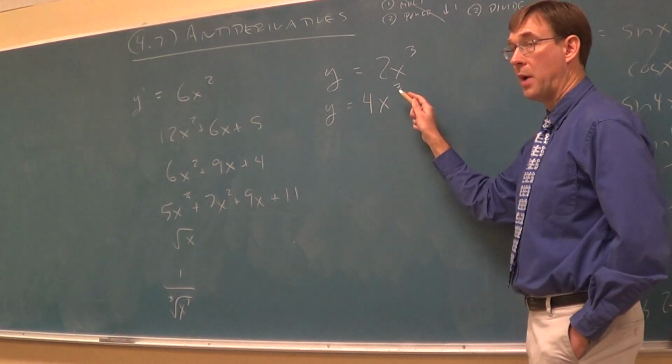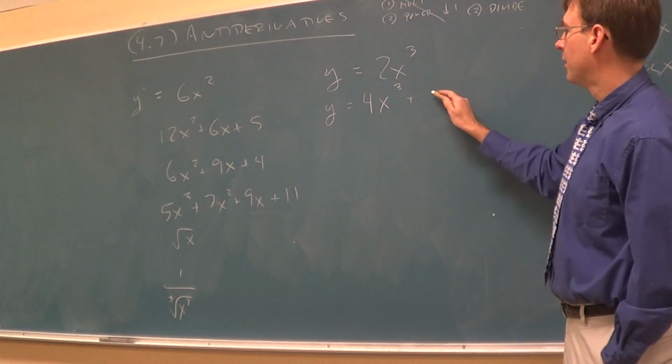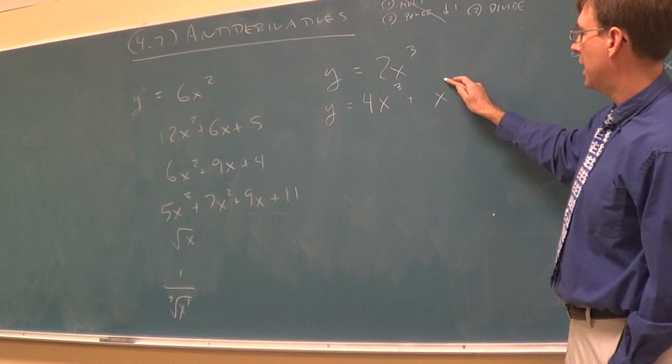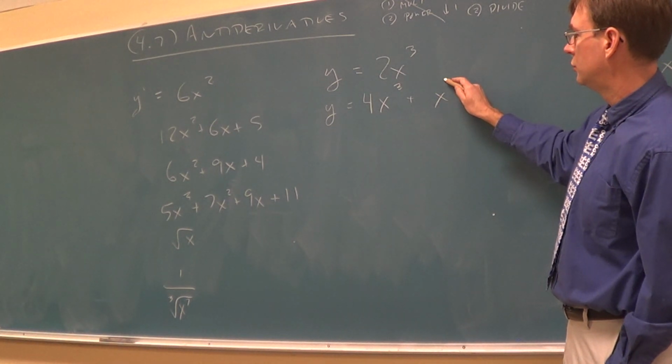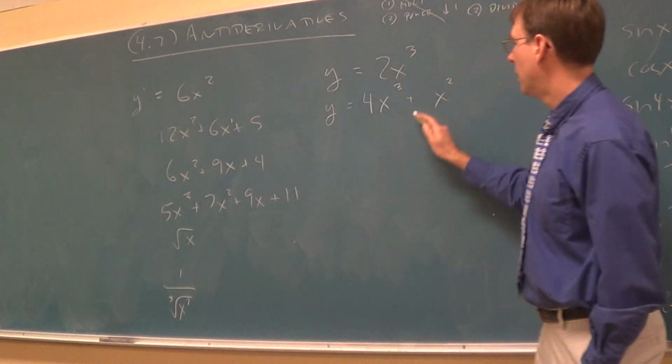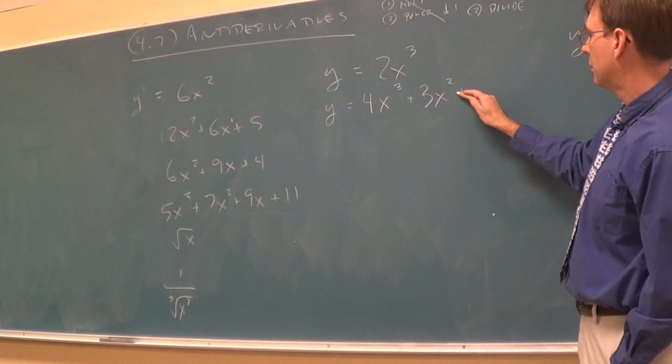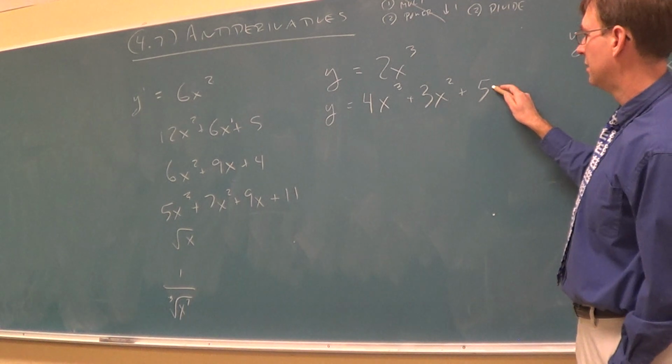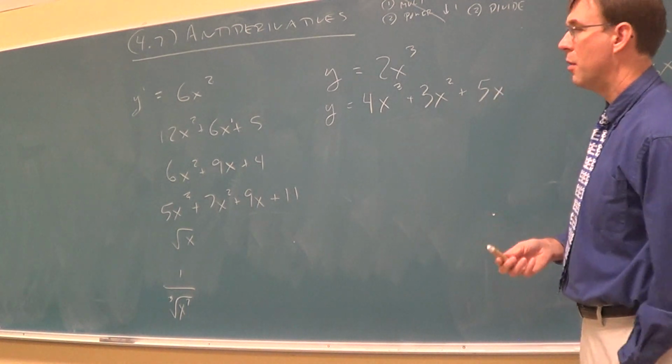We're going to divide by the new power. This x goes up to 2 because it was a 1. Out front, 3. The 5 gains an x. If it has a number, it just gains an x.